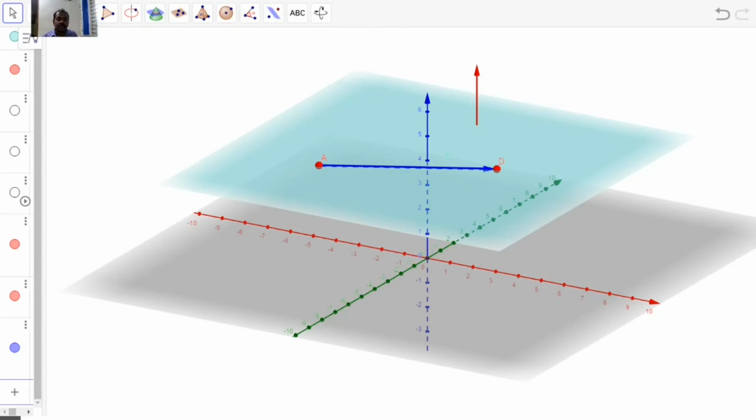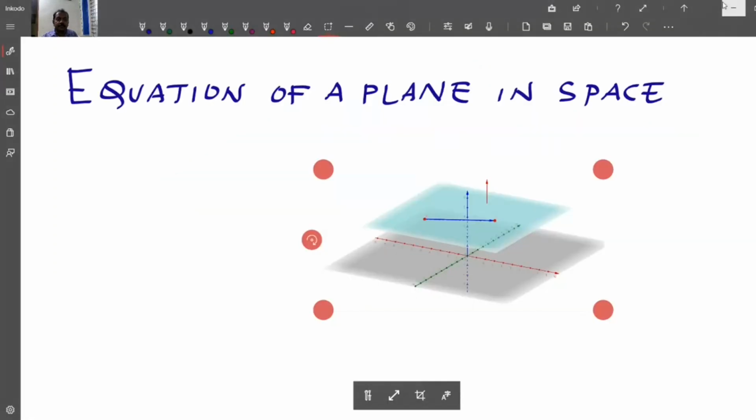So this is the plane that we have constructed. We have constructed a plane and we have imported that to our board.